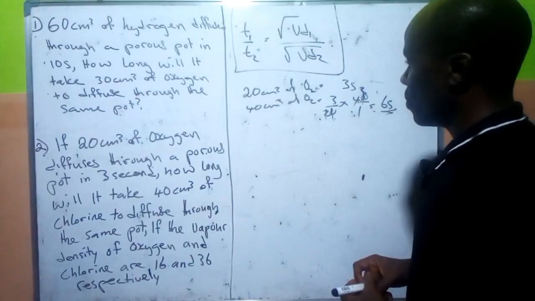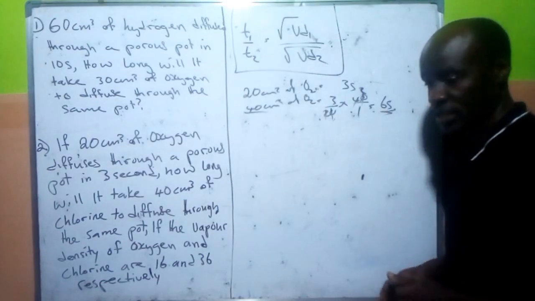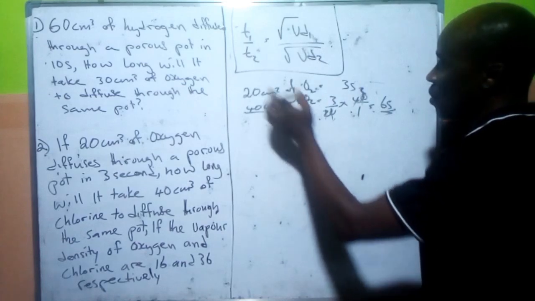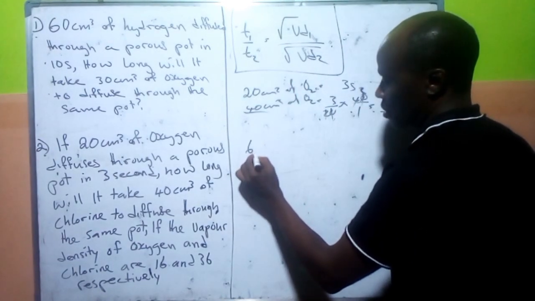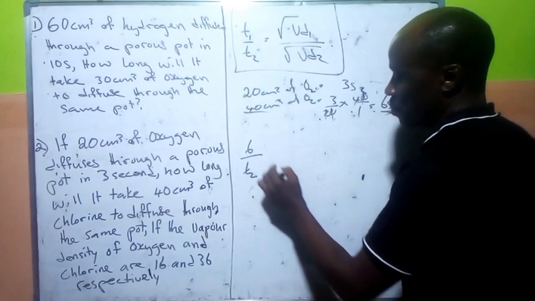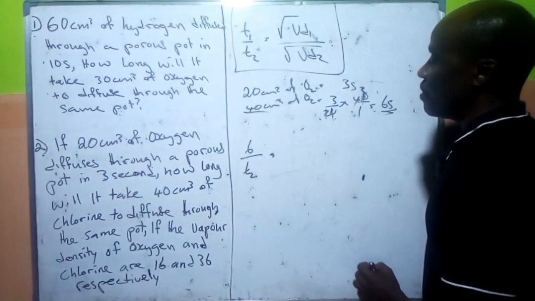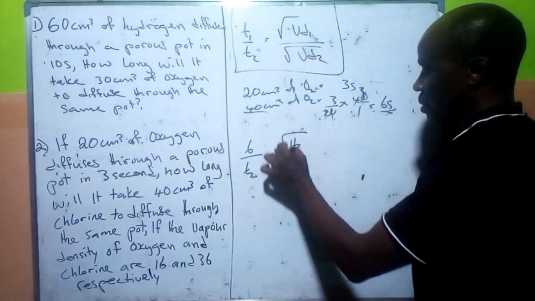Now let's go down. We have that it takes 40 cm cube of oxygen 6 seconds to diffuse. Now we can substitute. The first one will be our time for oxygen. This is 6 seconds all over that of chlorine that we don't know. So the next one, we have the vapor density of oxygen, which is 16, squared.